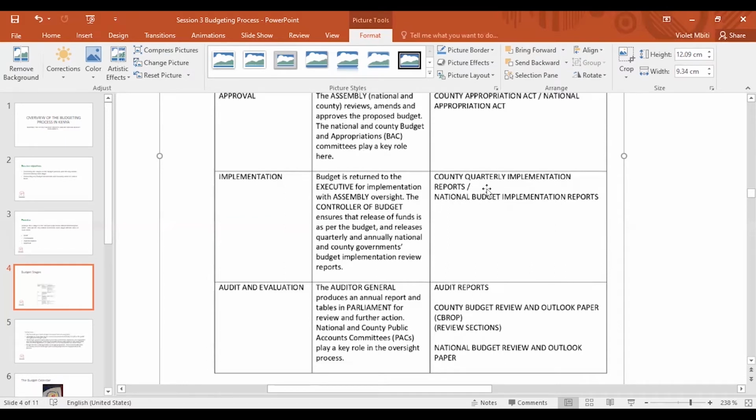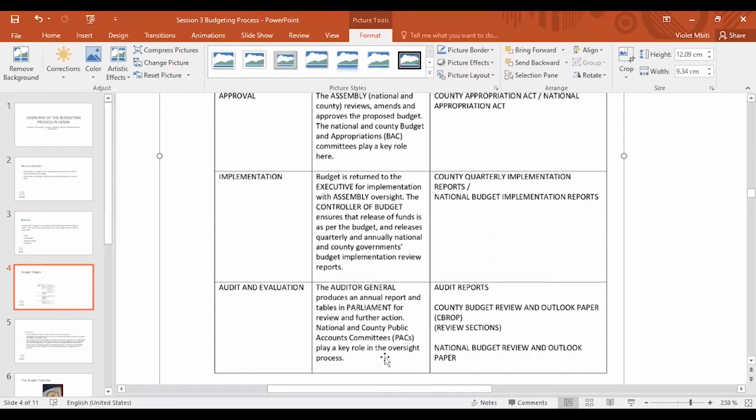And the key document required here is the county quarterly implementation report, or the national budget implementation reports at the national level. And then thereafter, we have the audit and evaluation. The Auditor General produces an annual report and tables it in Parliament for review and further action.